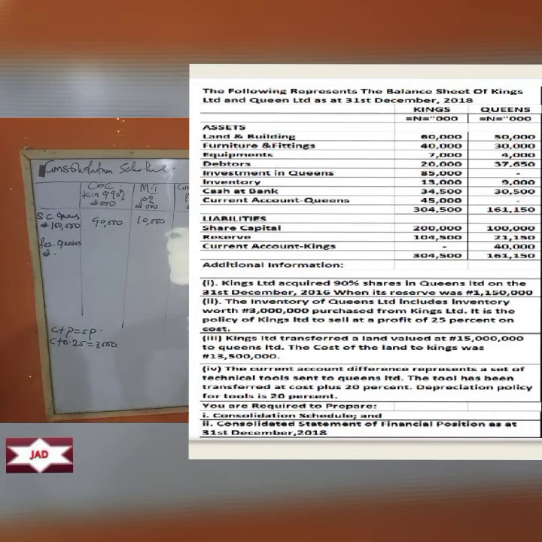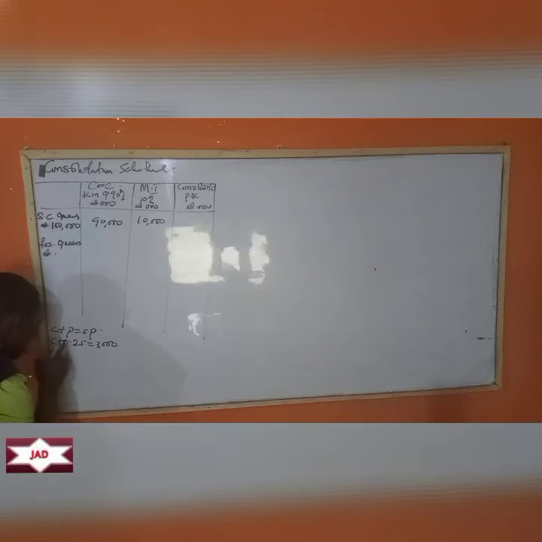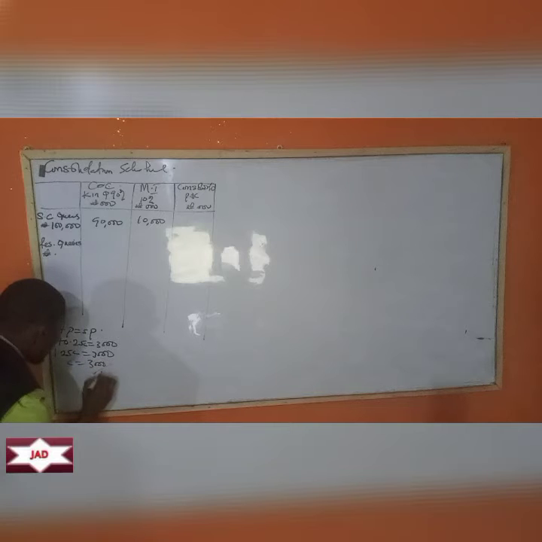So 1.25C equals 3,000, so C will be 3,000 over 1.25.